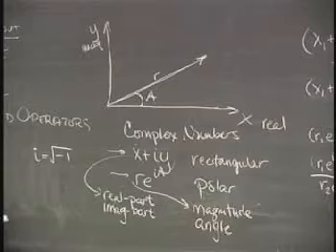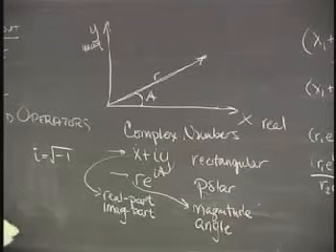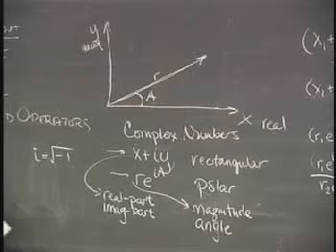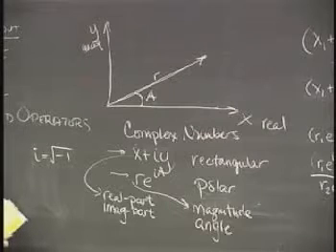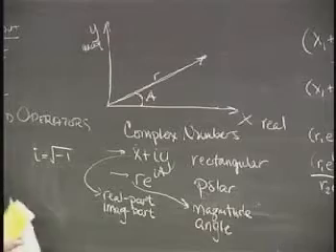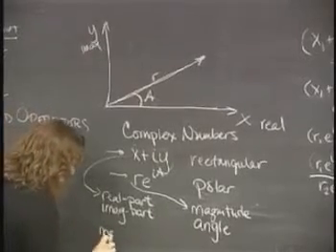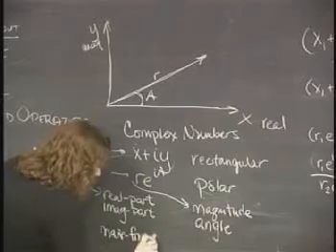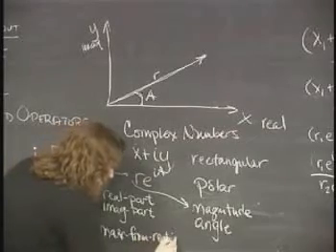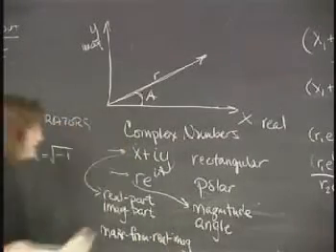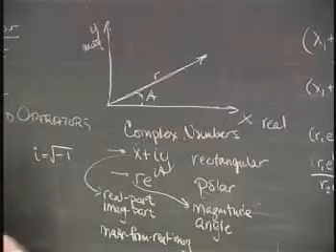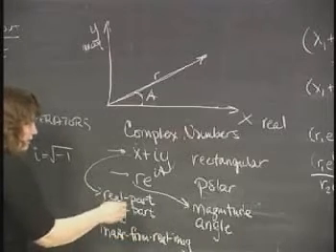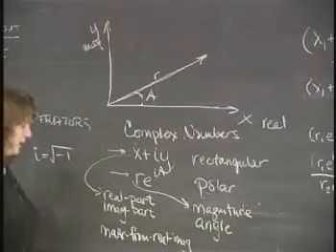And then we're going to have a couple of constructors, and those would be make-from-real-imag. So this is going to put a complex number together from a real and an imaginary part, an x and a y.